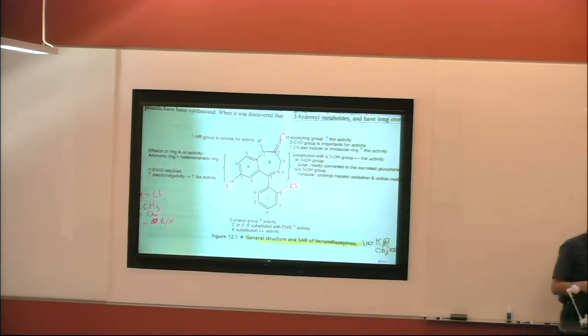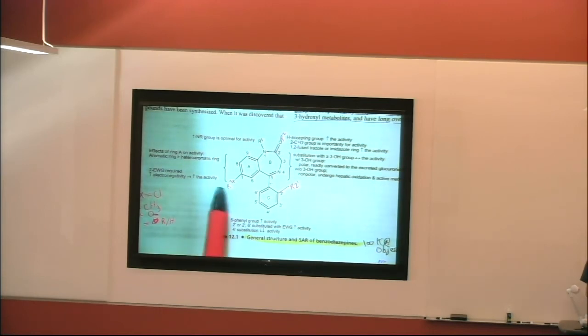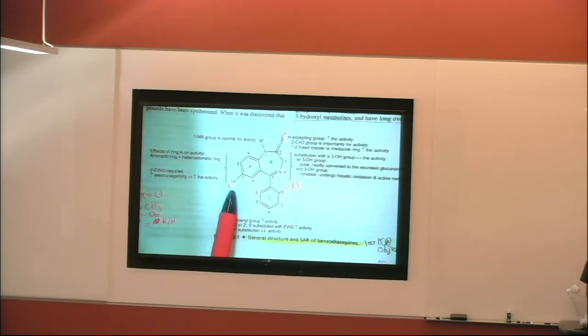Okay, so for the SAR, guys, again, it will be given to you. In this case, if we add a fluorine at position number 7, which is an electron withdrawing group, what happens to the activity? Increases.